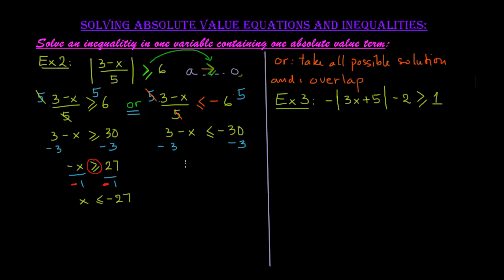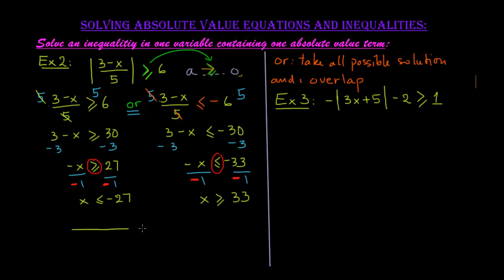We have negative x less than or equal to negative 33. And divide by negative 1 on both sides. Since we divide by a negative number, we flip the inequality sign to the opposite one. We have x greater than or equal to positive 33.